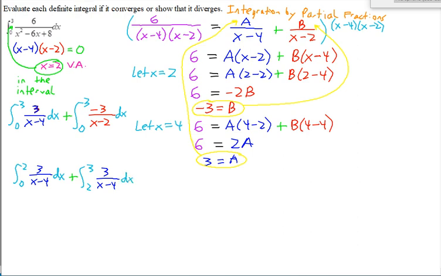And then, normally it'd be plus these, but I'm going to pull out this negative here to make it a little easier. So this will be minus integral 0 to 2, 3 over x minus 2, and then because the negative's out in front of both of them, that negative gets distributed to both of them. So it'd be minus integral from 2 to 3, 3 over x minus 2. So we end up having 4 integrals because of that.